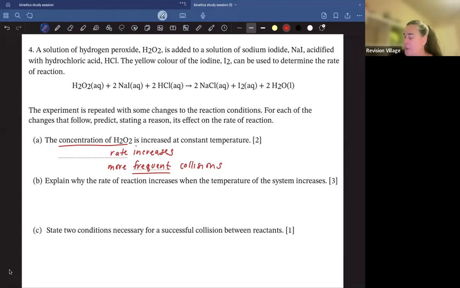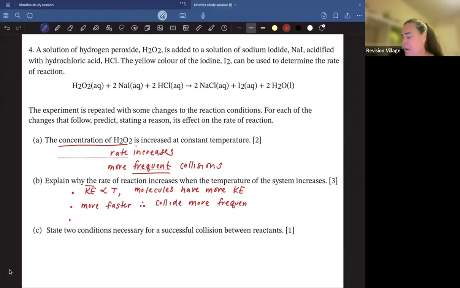If we increase the temperature, what's going to happen to the rate? It's going to increase, we're told. Why? This is always a 3-mark question. Temperature is proportional to kinetic energy, or the average kinetic energy. So when we increase the temperature, the molecules move faster or have more kinetic energy. Because they move faster, they collide more frequently.